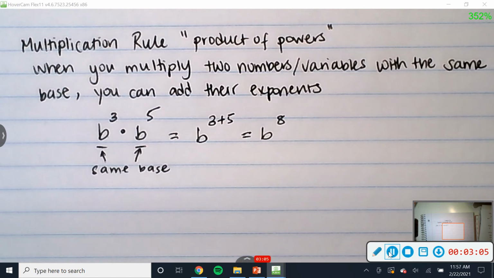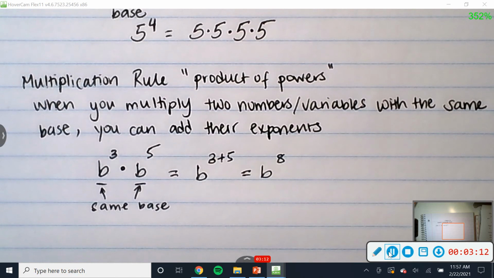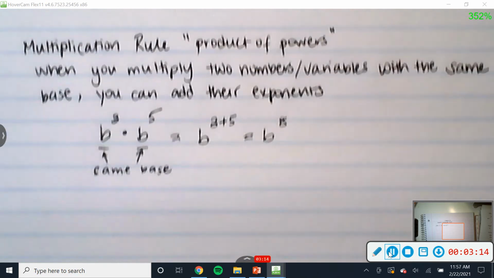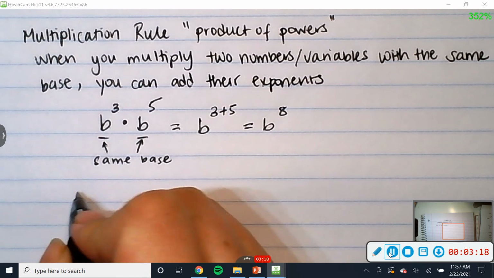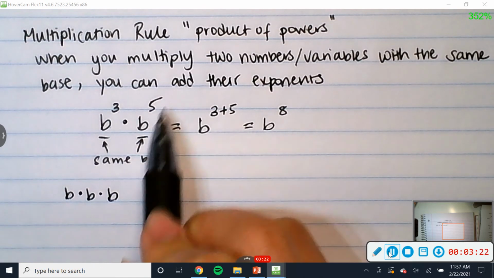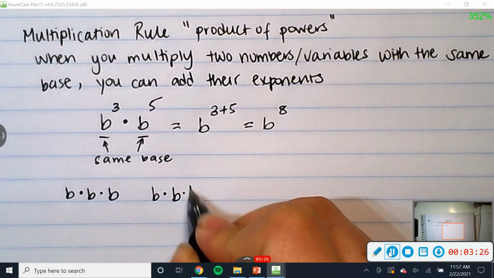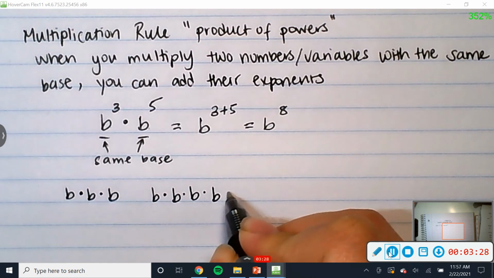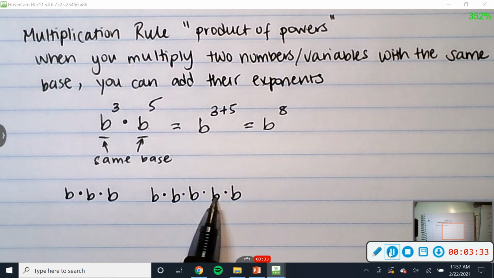Why does this work? How come we can just add together the exponents? This goes back to remembering what we talked about up here with what our exponents mean. So let's write out what this looks like. So b to the 3rd power is the same thing as b multiplied 3 times, right? B to the 5th power is b multiplied 5 times. So right here I have 1, 2, 3, and here I have 1, 2, 3, 4, 5.